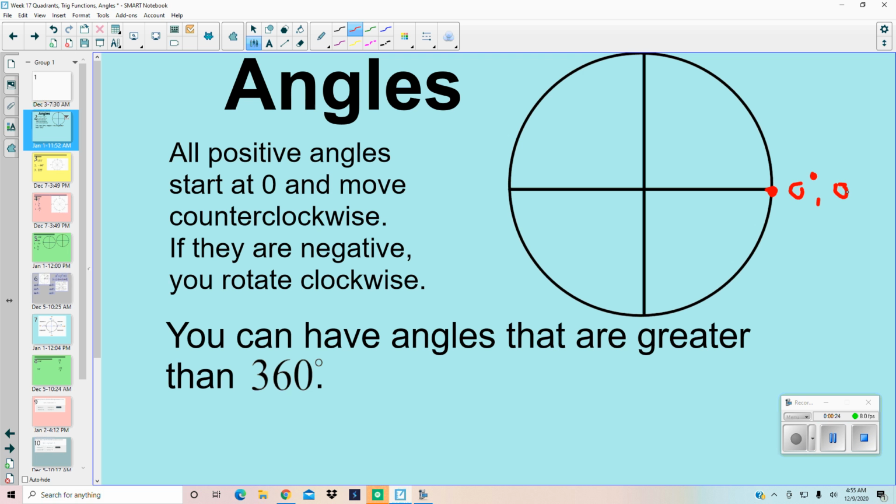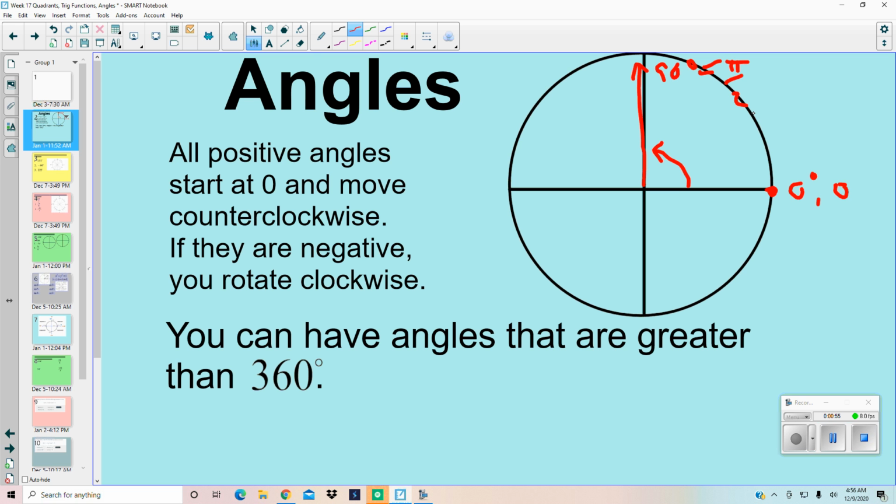Remember, radians does not have a symbol with it, so you know it's in radians if you don't have a degree symbol. So if I rotate an angle, say 90 degrees, my terminal side will be right there. It'd be that ray, and that would be 90 degrees, which would be the equivalent of pi over 2 radians.